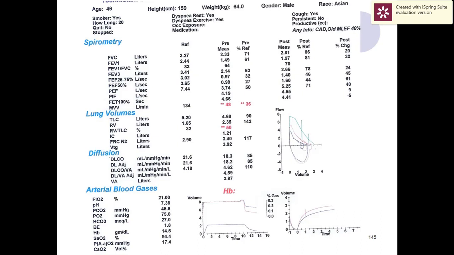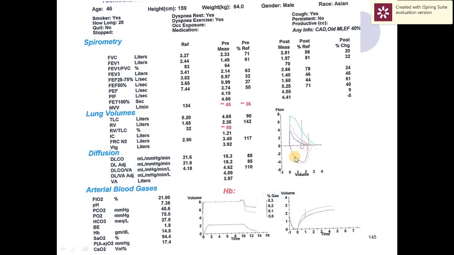We come to an example. This patient is a 46-year-old male. When we look at the spirometric test, forced vital capacity is 71%, FEV1 is 61%, and the ratio is 64%. If we look at the flow volume loop, as we see here, there is concavity or scalloping of the expiratory loop.